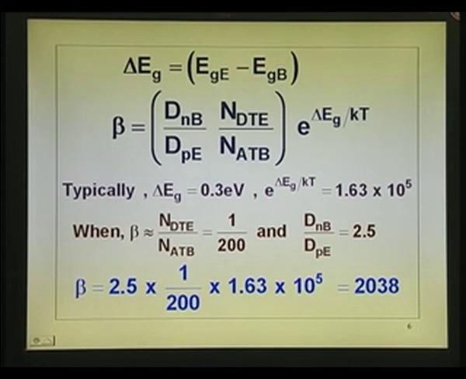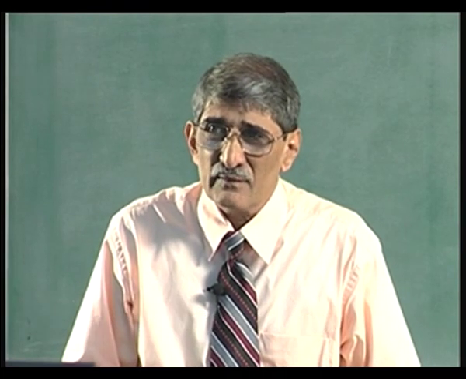When actual devices were made in Bell Labs, way back about 15 years ago, with those doping concentrations, they found a couple of things. One, the beta is not 2000, beta is about 30, a very bad beta, and as you make the area larger and larger, beta becomes larger and larger.